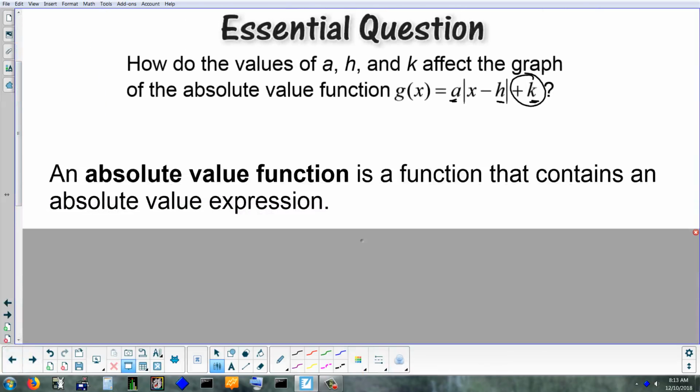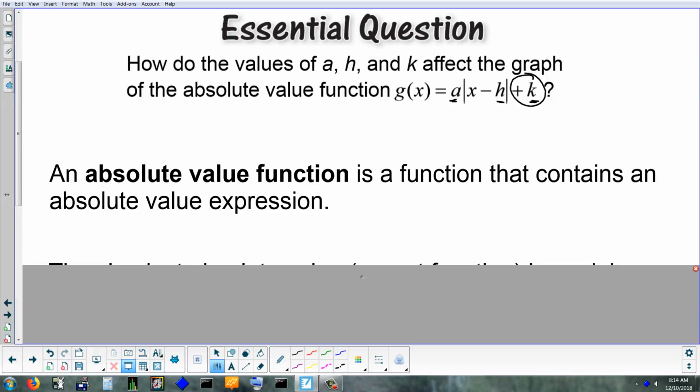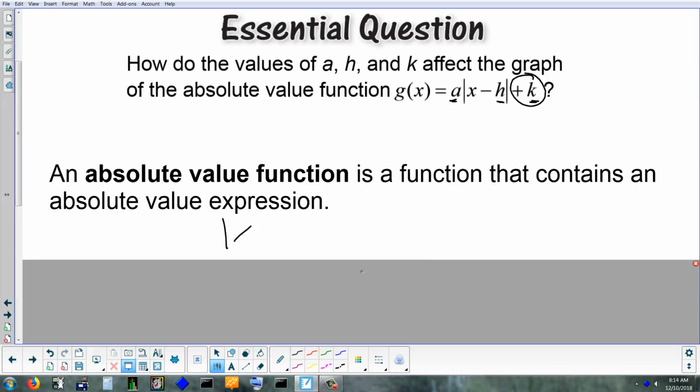So an absolute value function, basically, is anything you write down that has the 2 vertical bars in it. So something like this. That's a relatively simple absolute value with one transformation in it. That -2 is going to move it somehow.